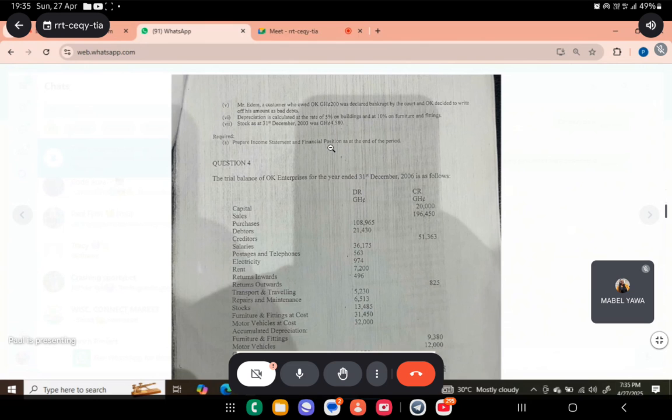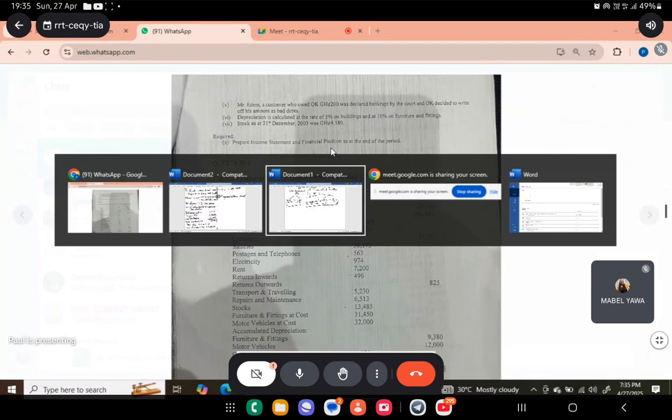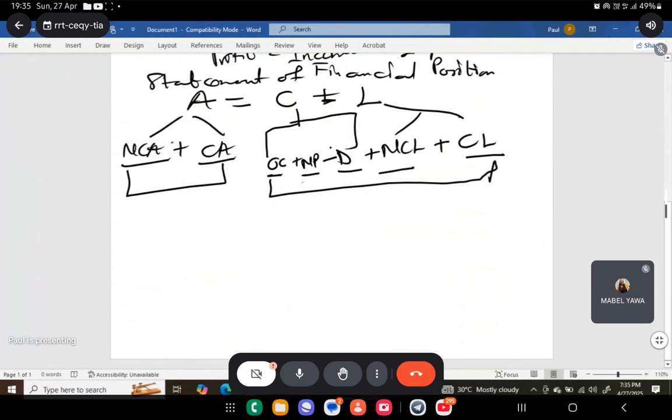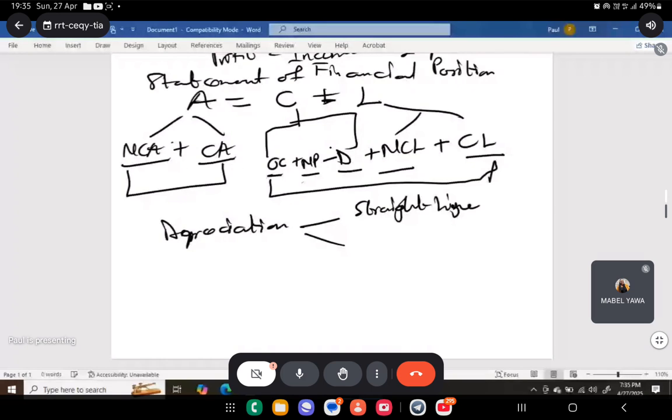Now, I'm saying that with depreciation, it could be either on the straight line or the reducing balance. If they say it should be calculated on the cost, they mean straight line.